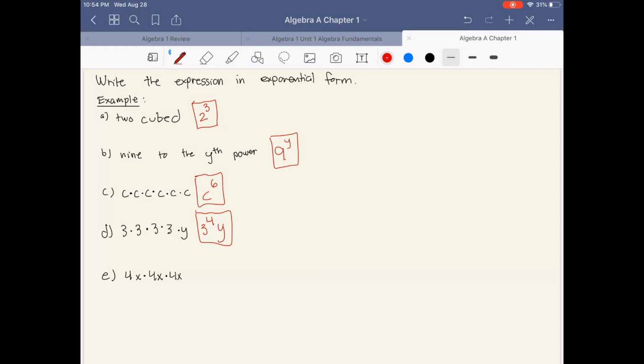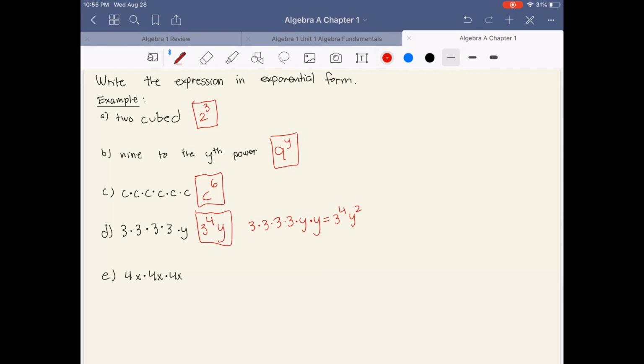Okay, so let's go to letter E. But before we get to letter E, let's go through a little bit more scenarios with letter D. So what if I had 3 times 3 times 3 times 3 times y times y? So that's going to equal 3 to the 4th, y to the 2nd, because you see 2 y's this time.